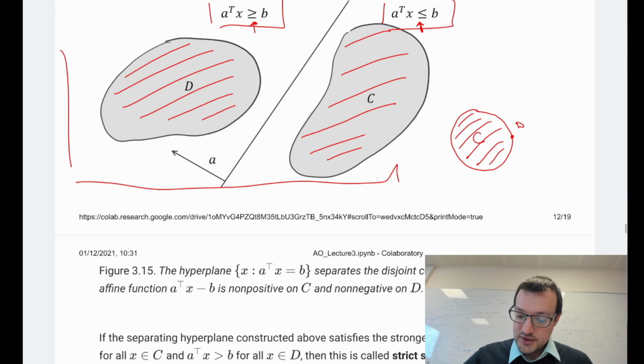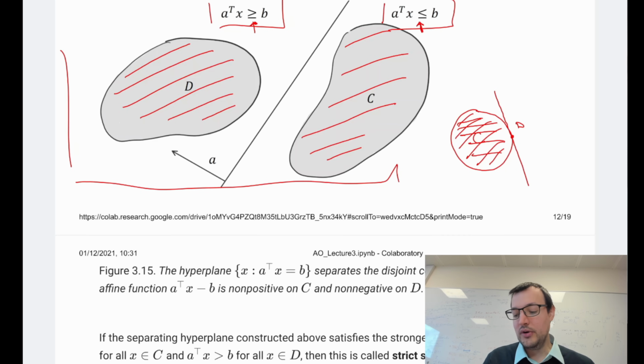Now we see that, of course, the separating hyperplane theorem says that we can construct a hyperplane such that all the points of C are in one of the half spaces, for instance, the one that satisfies the less equal. And then all the points of D, which in this case is just one point, should be in the other half space, satisfying the inequality for the greater equal.